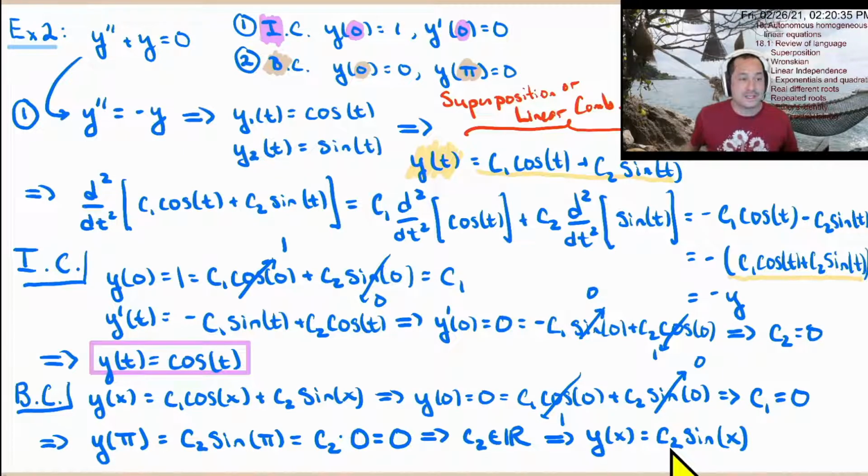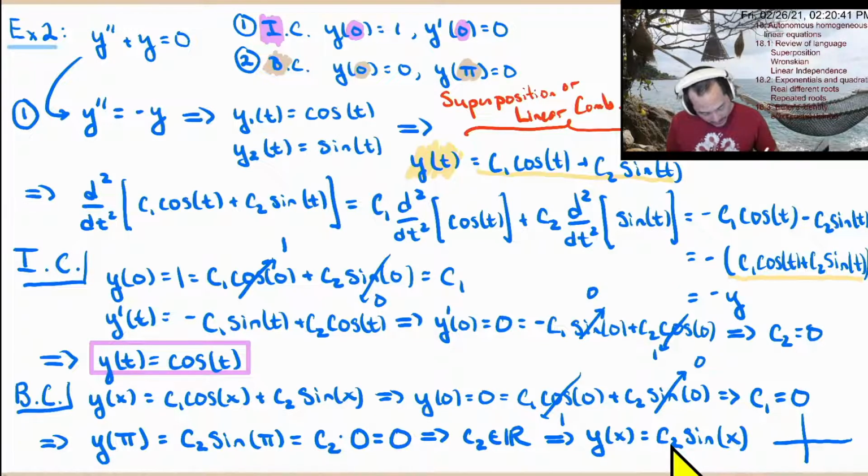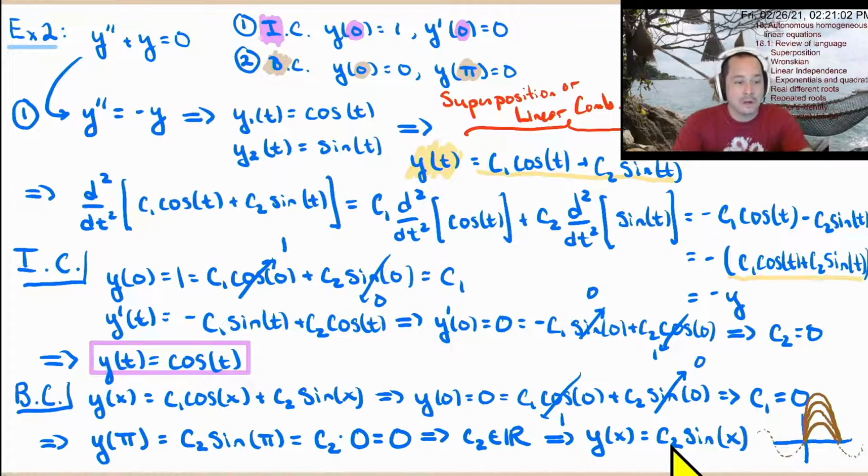And what you'll notice here is that the amplitude could be whatever it wants, because what we've really just found here is a whole family of sinusoids whose amplitudes don't matter but are 0 on both sides. Okay?